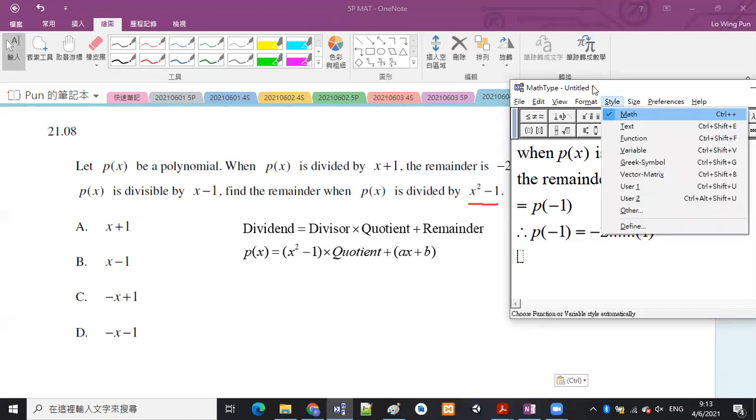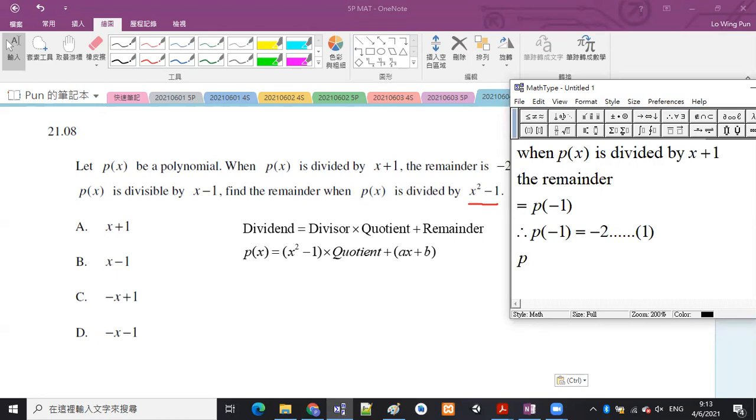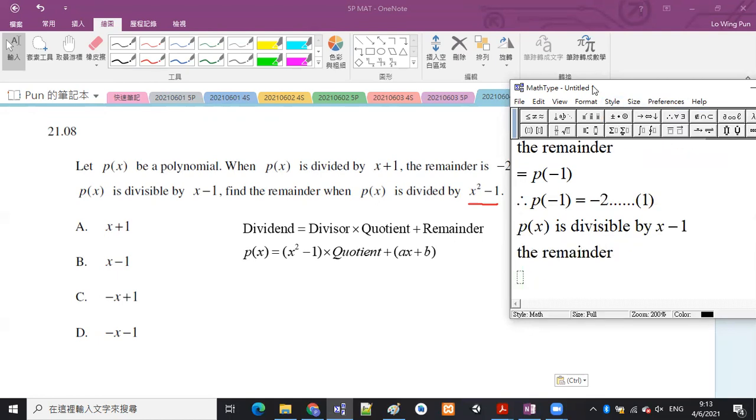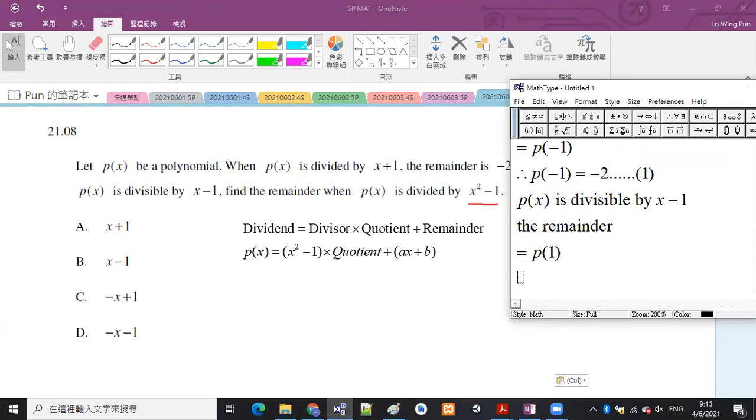So from this, P(x) is divisible by x minus 1. We know that the remainder is calculated by P(1). But we do not have the formula of P(x), so we cannot continue to calculate P(1). But it is divisible, so this remainder P(1) should also be equal to 0.